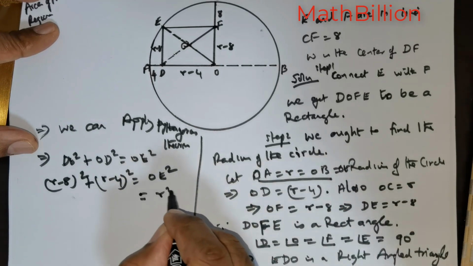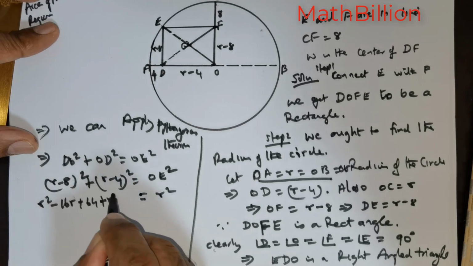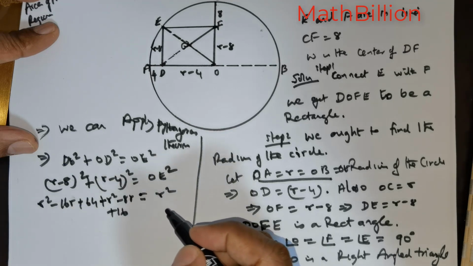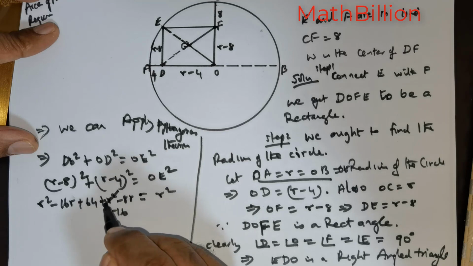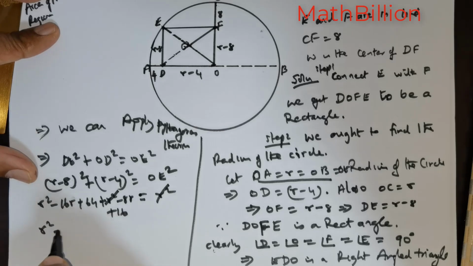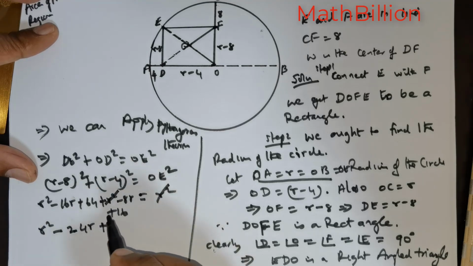So this is equal to R squared. R squared minus 16R plus 64, plus R squared minus 8R plus 16, and what happens here, one R squared gets cancelled. Now this is going to be R squared negative 24R, with 16R and 8R that's going to be 24R, plus 64 plus 16, or I should say 64 added with 16, that's going to be 80 is equal to 0.